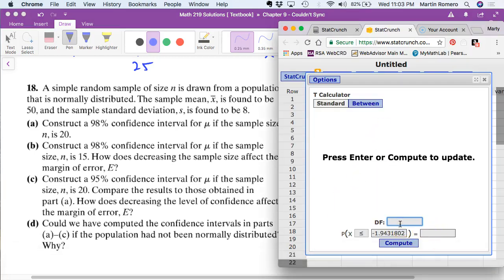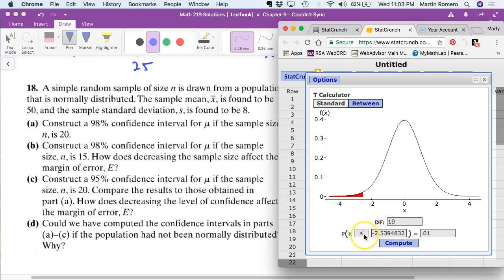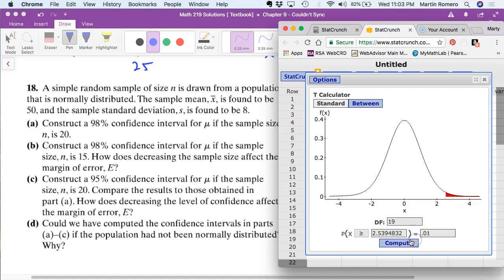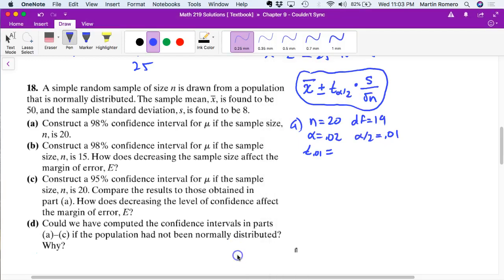So we're going to put 19 here because that's N minus 1, and 0.01. Compute, 2.539. We'll use 2.539.